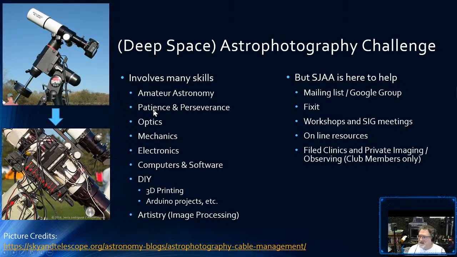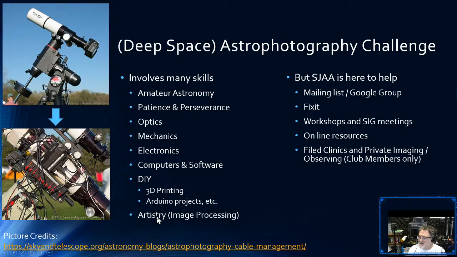You need patience and perseverance because all this stuff has to work together. You need to know a little bit about optics, a little bit about mechanics, a little bit about electronics. You've got to use computers and software. If you're also into do-it-yourself stuff, you can go nuts with 3D printing and Arduino projects and similar.